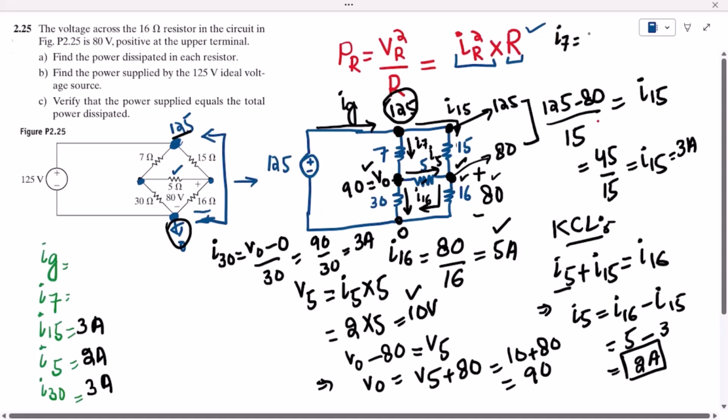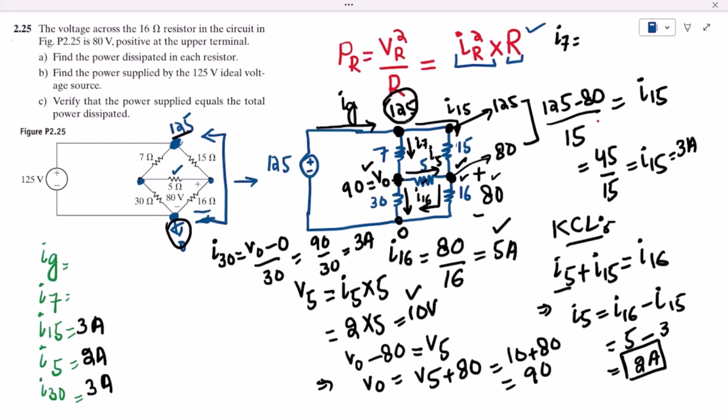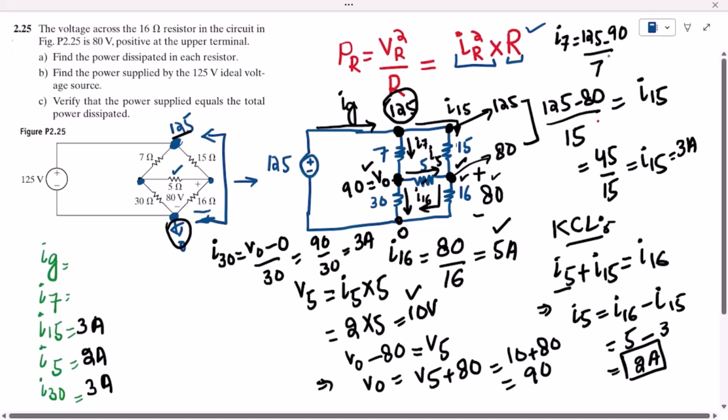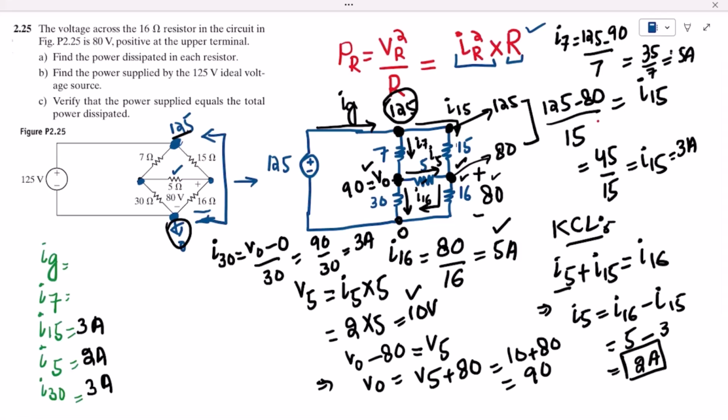So I7 is the potential at the upper point, that is 125, minus the lower point voltage, that is 90, divided by 7. So the value of it is 35 divided by 7, that is 5 amperes. So the value of I7 is 5 amperes. All of these currents are known.